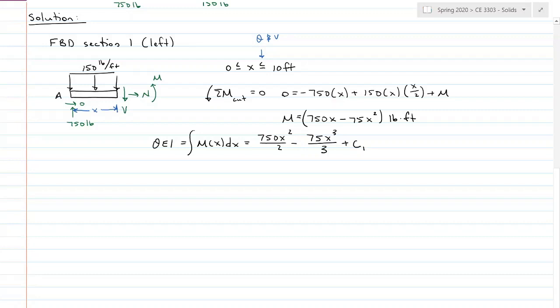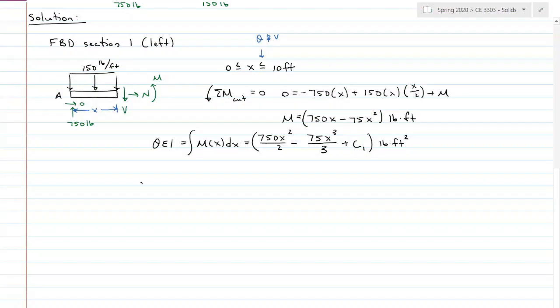I'm going to subscript that with a 1 because we're going to end up with 2 here. And this will be in pound feet squared because we're taking the derivative in terms of x. X in our case is a distance, so that is going to increase that value.